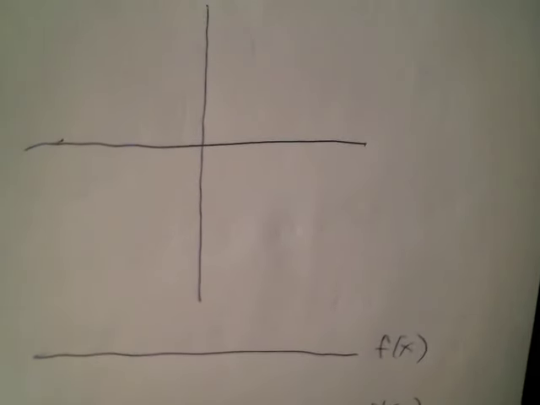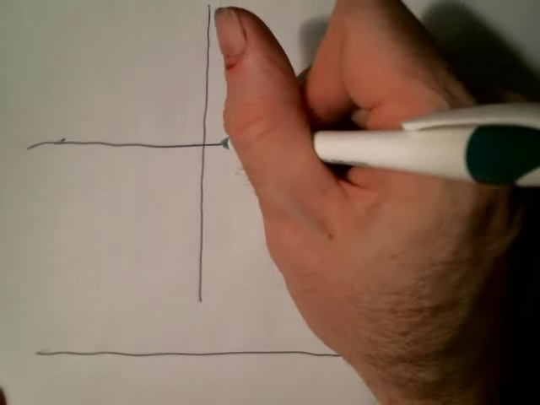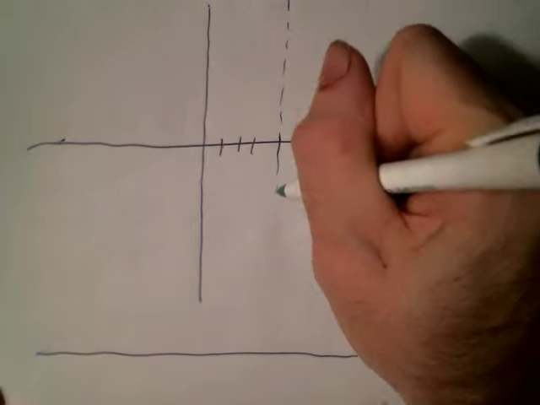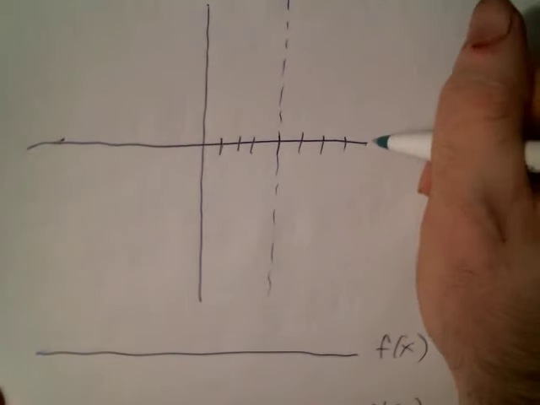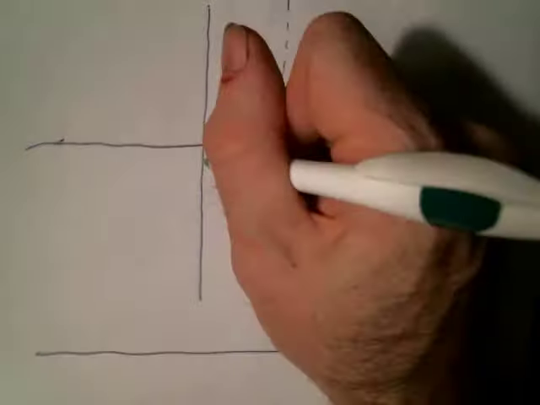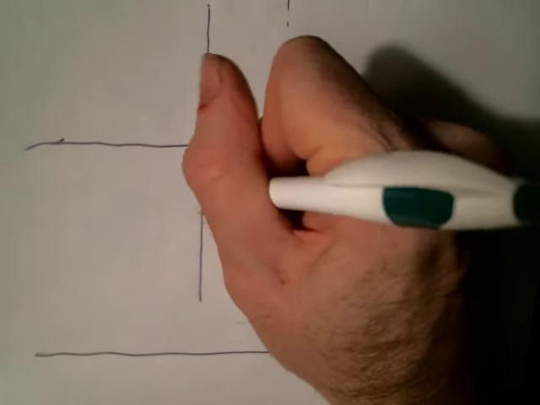On my graph, I'll note there is a vertical asymptote at 4. What else? There's a y-intercept at 0, negative 3.